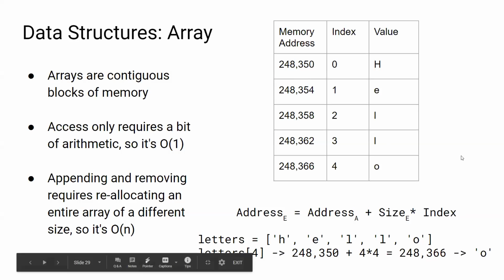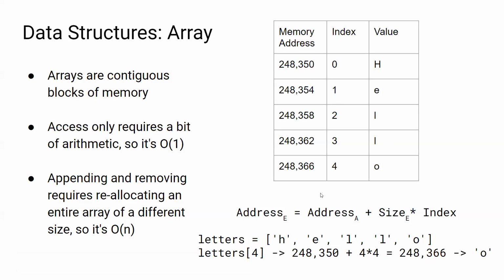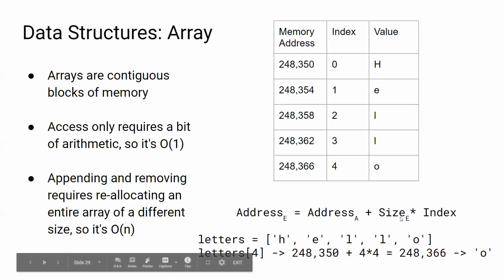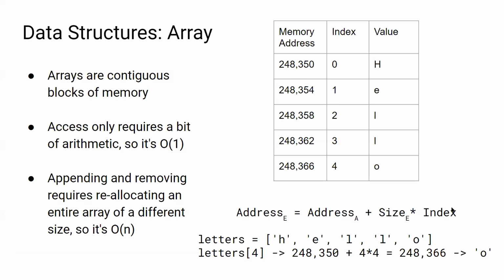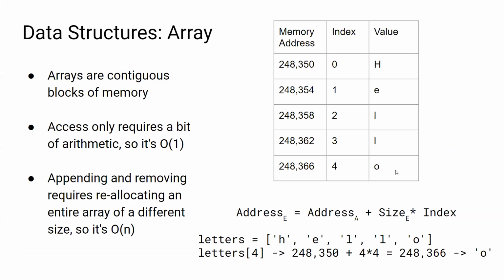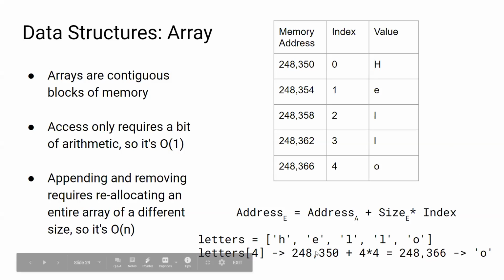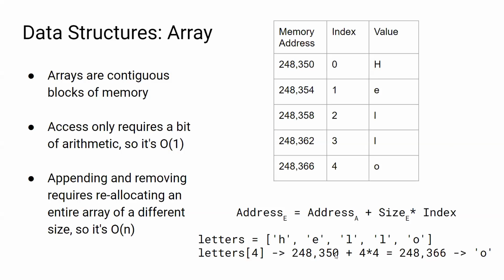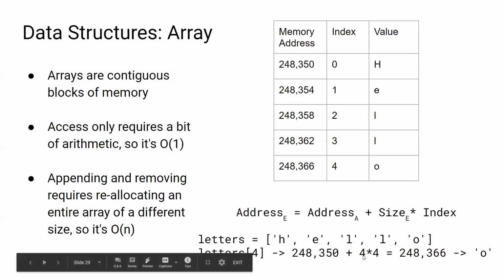So this is the formula for calculating the address of an element. The address of the element is equal to the address of the array plus the size of the element times the index. A quick example: if our letters are HELLO as they are up here, and we want to figure out the value at index 4, we can just add the start of the array plus 4, which is the size of the element, times 4, which is our index.